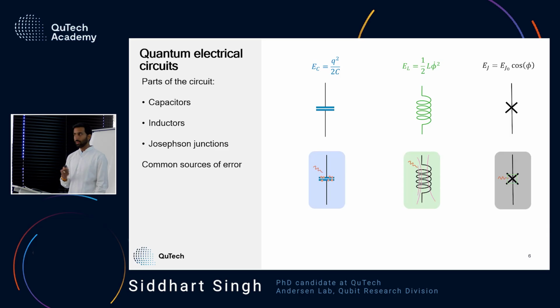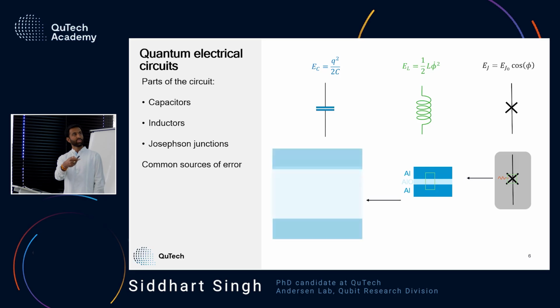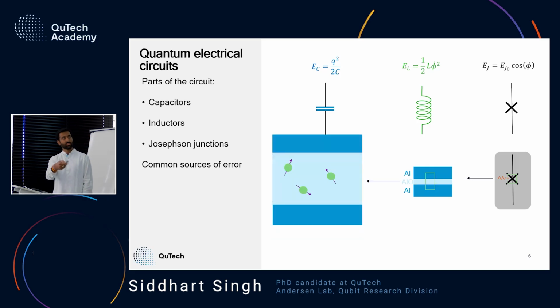And finally, for a junction, since you make a junction using a sandwich of aluminum oxide and aluminum, where aluminum is the superconductor and aluminum oxide is the insulator, this leads to the Josephson effect. But within the oxide barrier, there can be material defects and impurities, which can lead to some two-level systems. And once you apply fields within these circuits, they can start absorbing energy, and this can lead to losses.